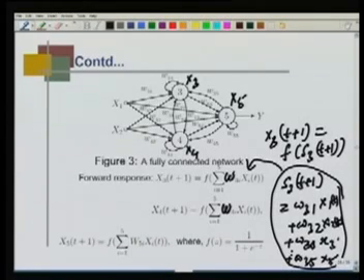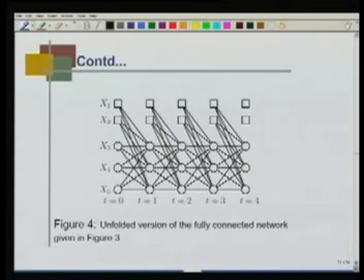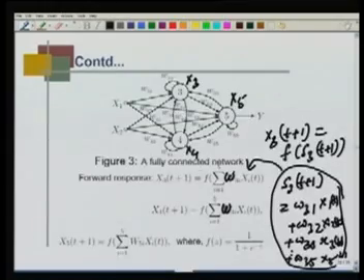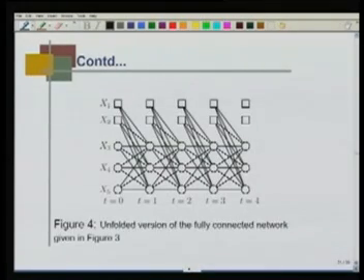Time has to be there. We cannot do away with time in a recurrent network like we have done in the feedforward network. So, the same network, once I know this forward response, I can easily unfold this same network in time here.